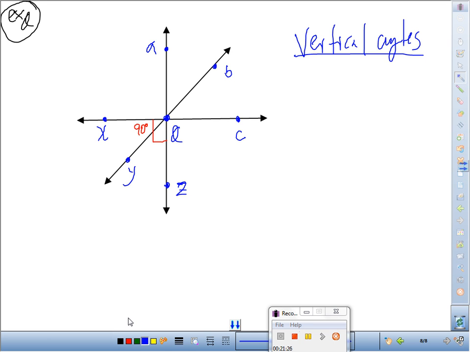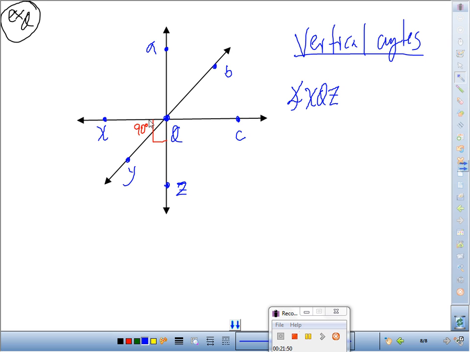So, look how I'm going to write this. Angle XQZ. Put a little arrow that way with a little arc.